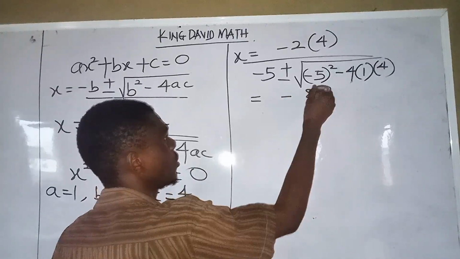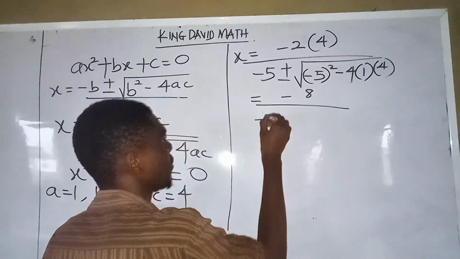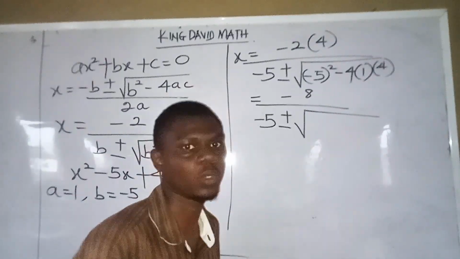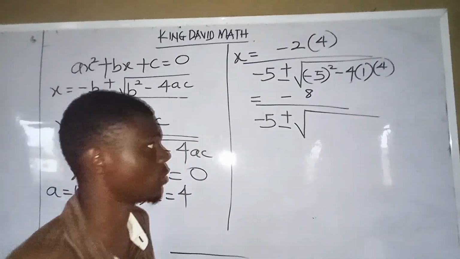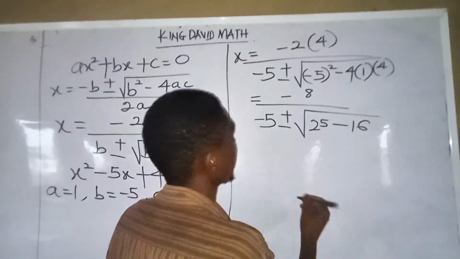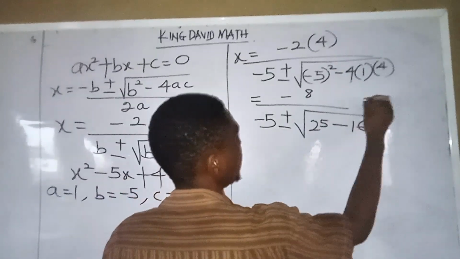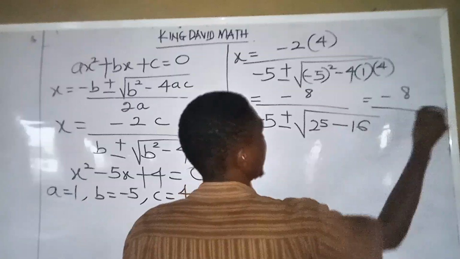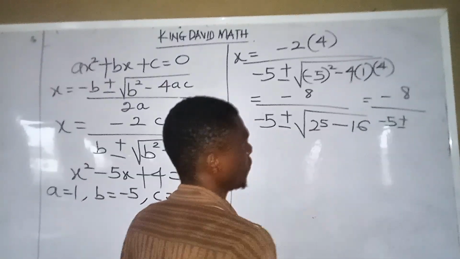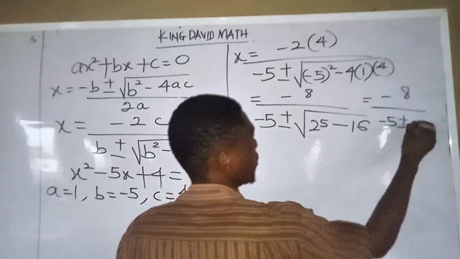And we have minus 8 over minus 5 plus or minus square root of minus 5 squared, which means minus 5 times minus 5, which is 25. I'm having 25 minus 4 times 4, which is 16. So simplifying it further, I'm having minus 8 over minus 5 plus or minus the square root of 25 minus 16, which is 9. So that's root 9.